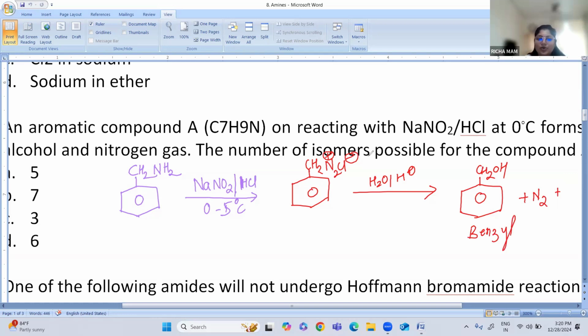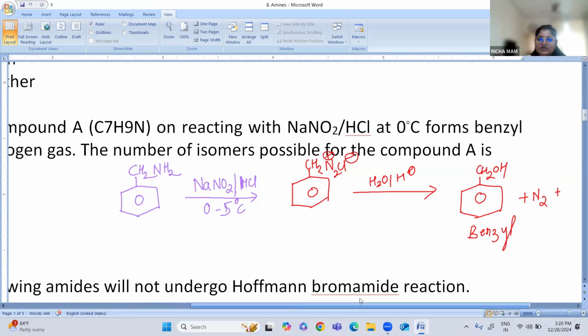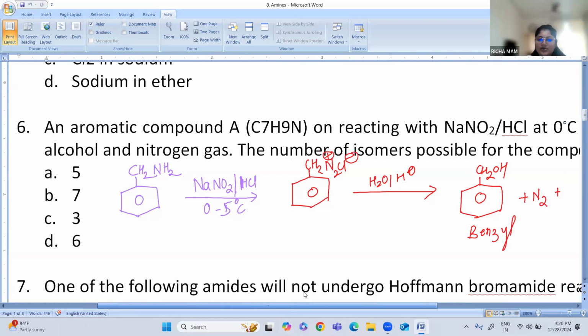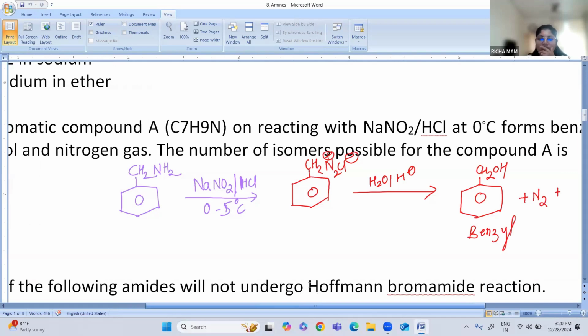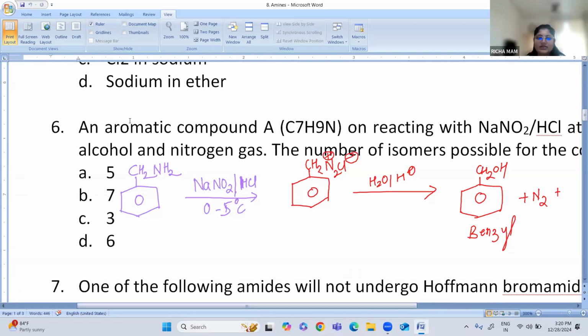They have said that aromatic compound A on reacting with NaNO2 and HCl at 0 degrees Celsius forms benzyl alcohol and nitrogen gas. So what is the number of isomers possible for the compound A?